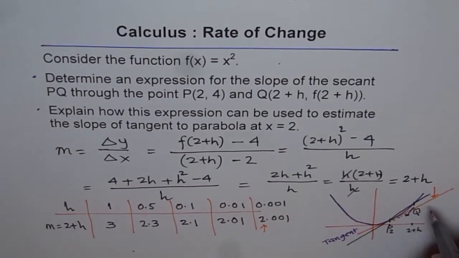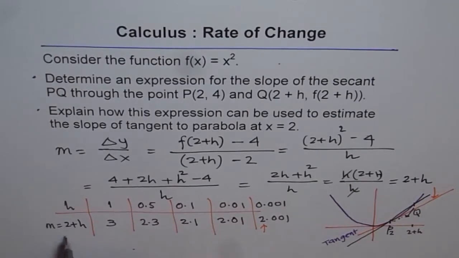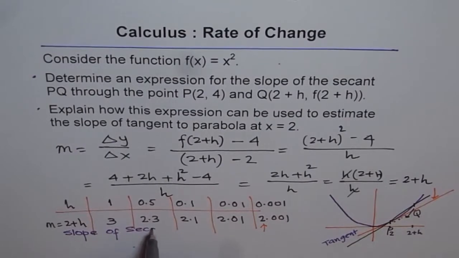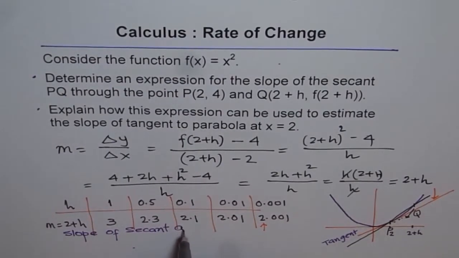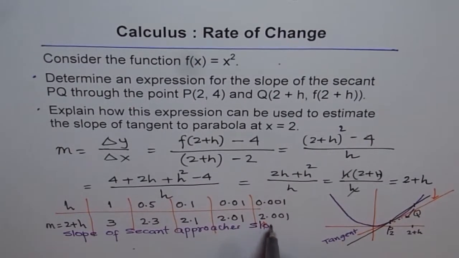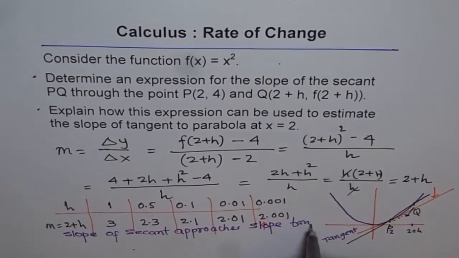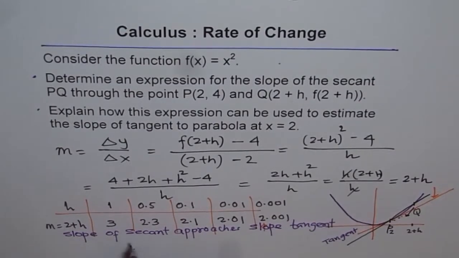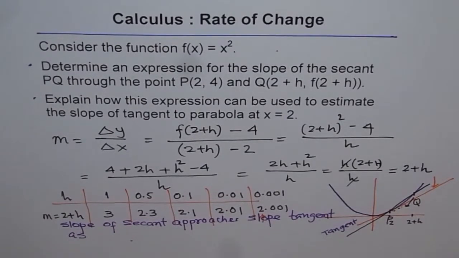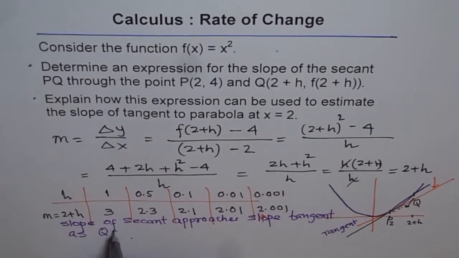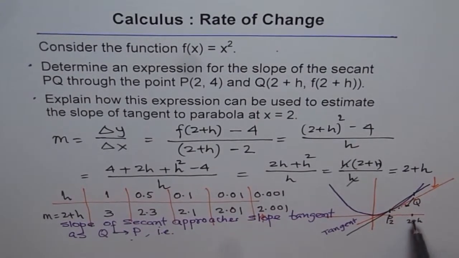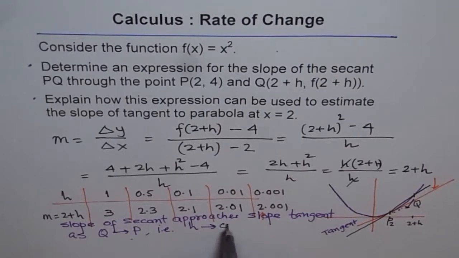So what we notice here is the slope of the secant approaches the slope of the tangent as q approaches p, that is, as h approaches 0. Do you see that?